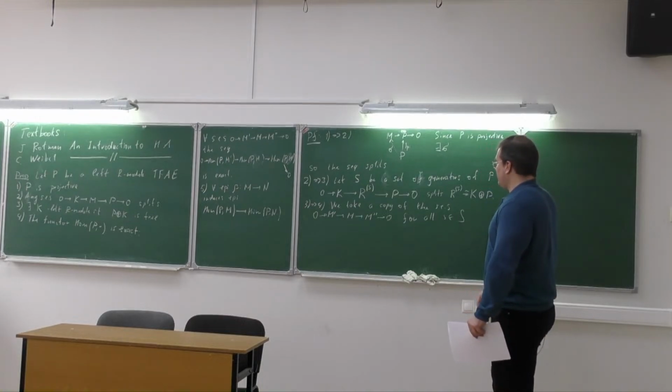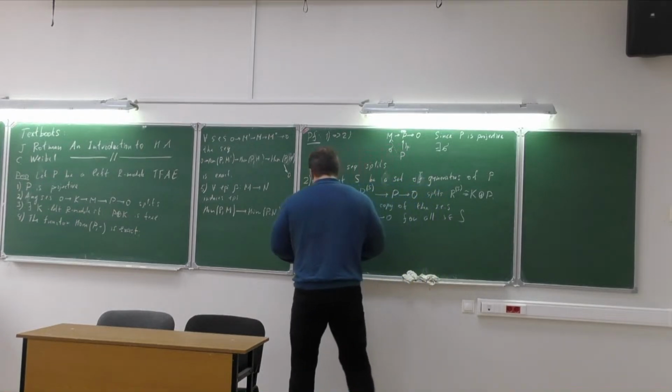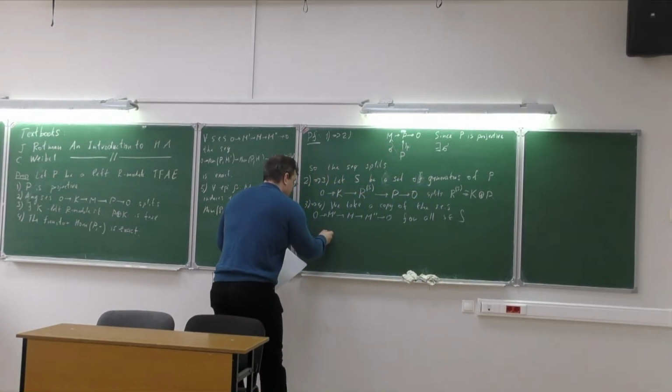There is some set. I can take a copy of the short exact sequence for any element in this set, and then I take a direct product.